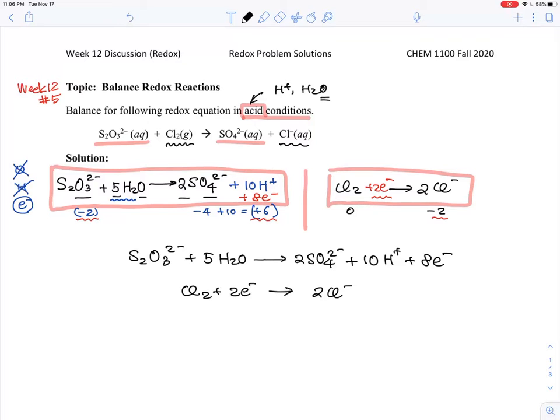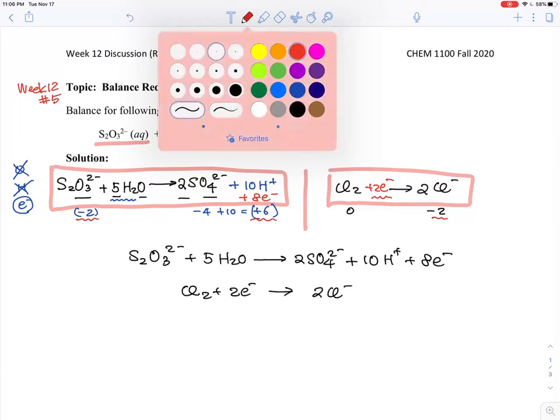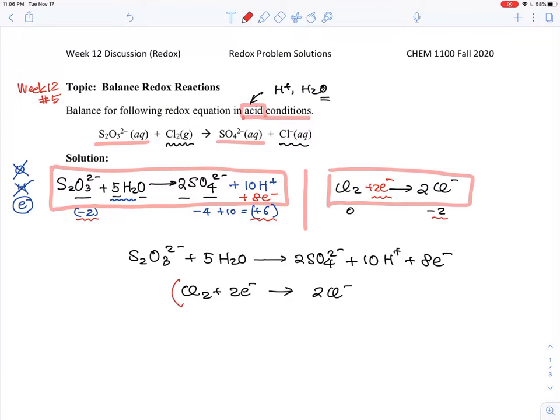And then what I do is multiply. My goal is to get rid of the mismatch. By doing so, I can multiply this side by 4 to make it 8 electrons. Then I'm going to add them up.